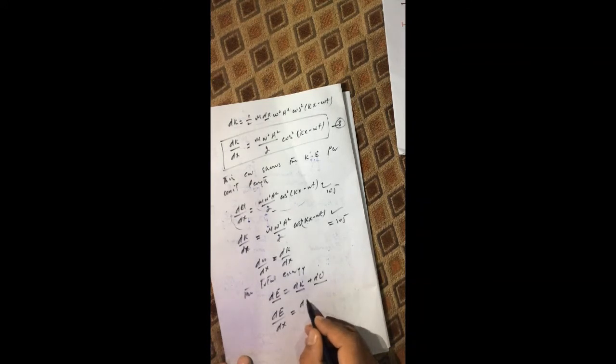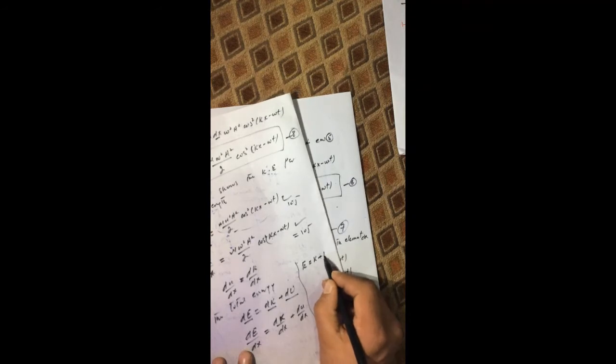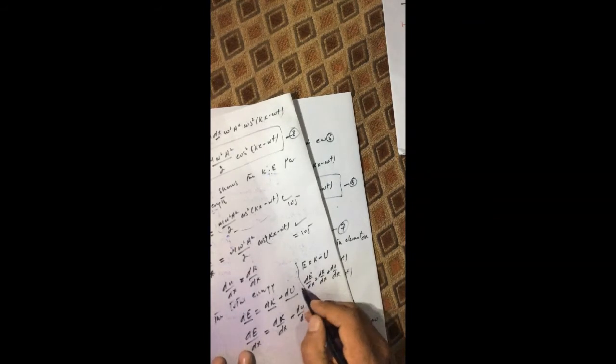So we have dk by dx plus du by dx. I can write it like this: total energy E is equal to the sum of kinetic energy and potential energy. So take the derivative with respect to x. dE over dx will be equal to dk over dx plus du over dx. This is the total energy per unit length.